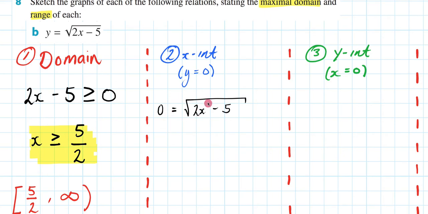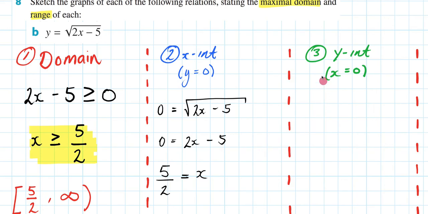I'm going to square both sides. The square of 0 is 0, and the square of this side will get rid of my square root sign. I will then do some rearranging, and I'm going to get 5 over 2 equals x.